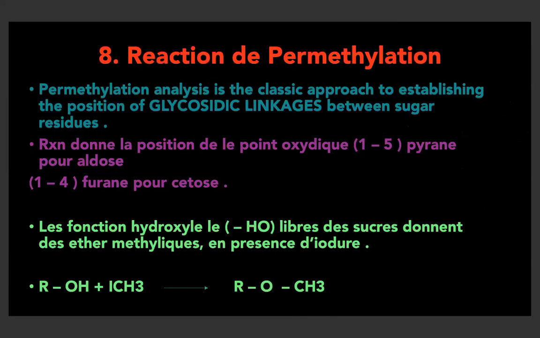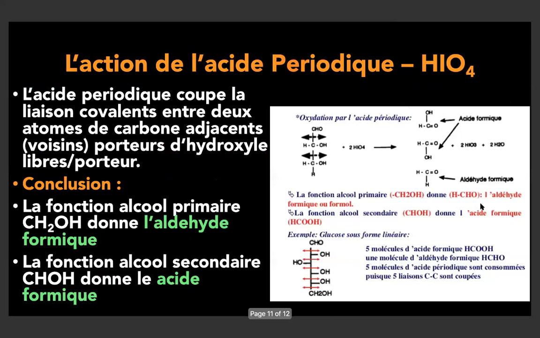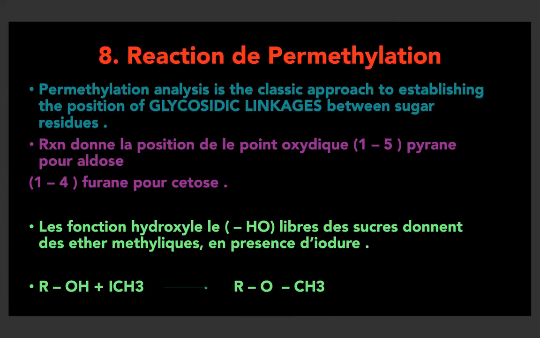So we go to the last one. No, okay, we have another one, the second last reaction. The second last reaction is the permethylation reaction. Permethylation is an analysis used to define the positions of the glycosidic linkages between reducing sugar residues.